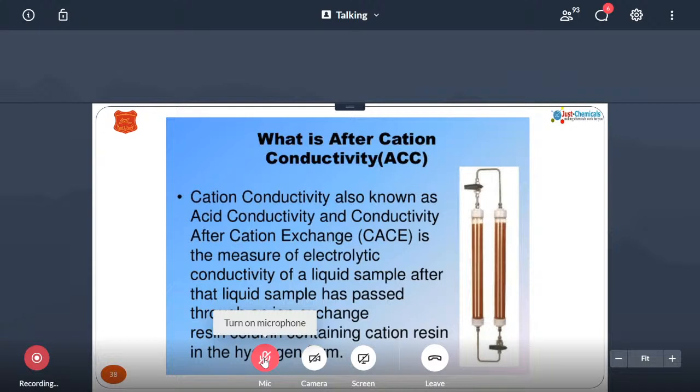They were not relying on lab measurements; they had just 1 or 2 chemists in the big power plants, cross-checking the online measurements. And this is one of the systems they were using, known as cation conductivity, and in long form, after cation exchange conductivity.